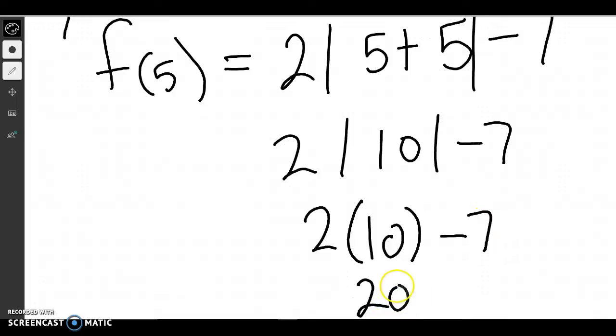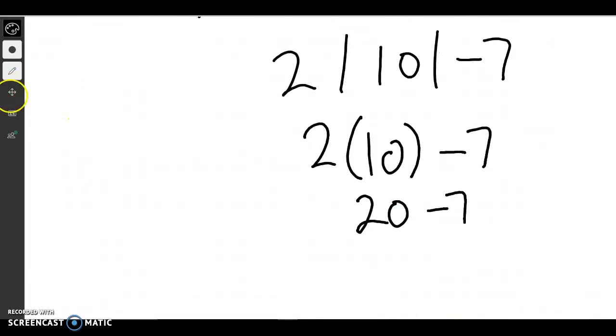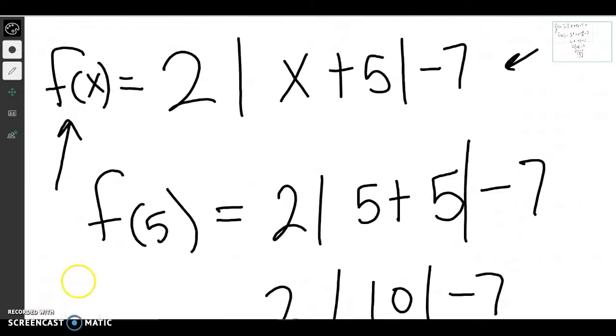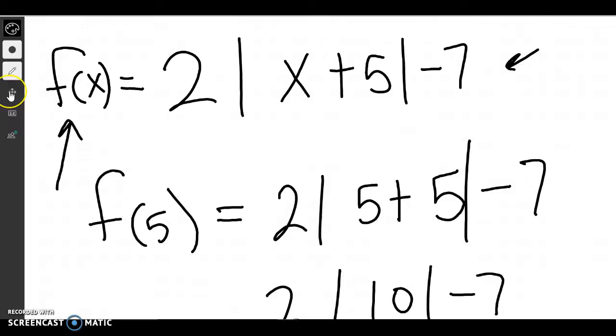And that would be 20 minus 7, or my final answer would be 3. So again, function notation just tells you to take the number that you have and plug it into your function. Let's look at another example.